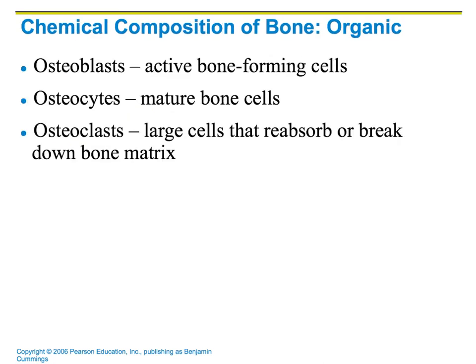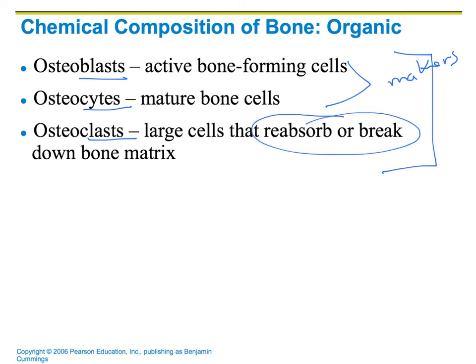The contrast of the cell types and their suffixes: osteoblasts and osteocytes are bone-forming cells. They would deposit bone, we call these the makers. They produce the bone tissue, and the osteoclasts break down the bone, reabsorb it.